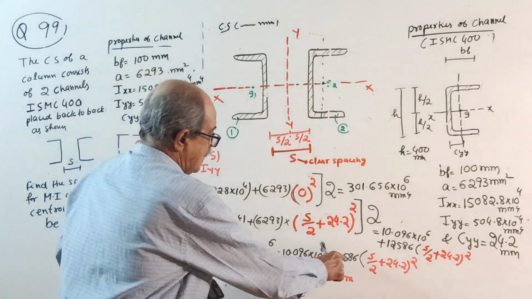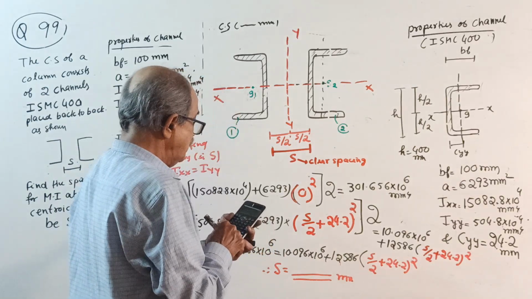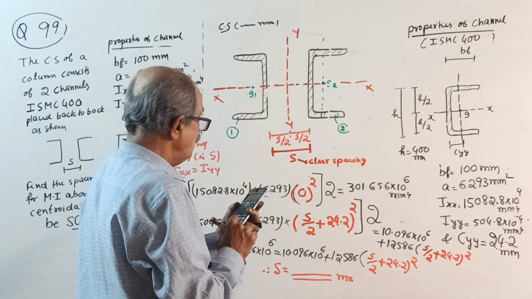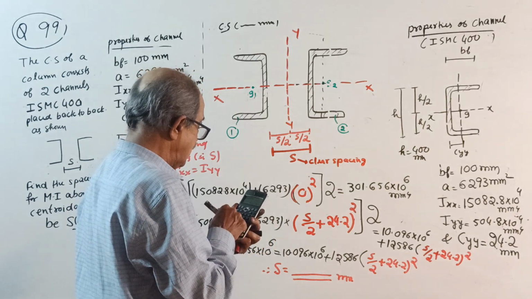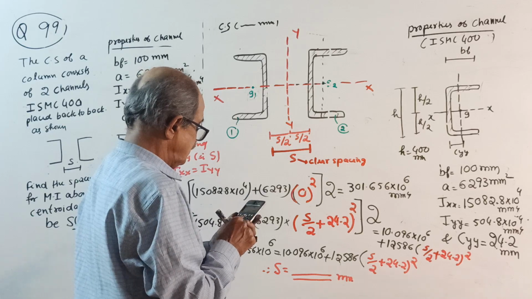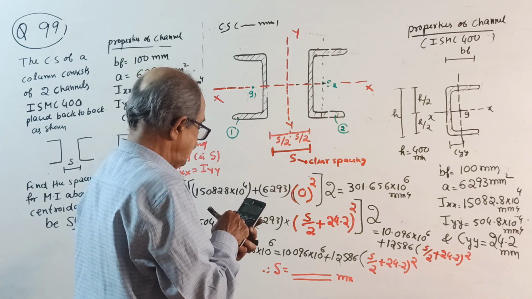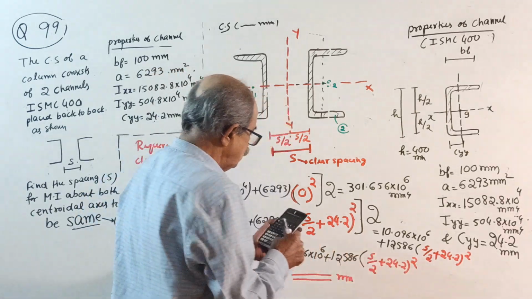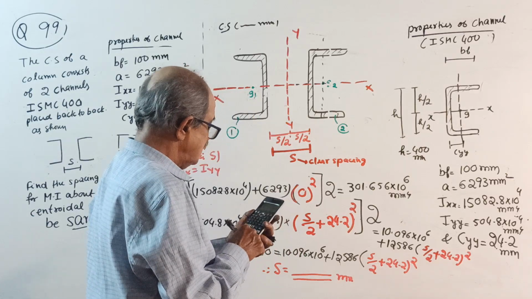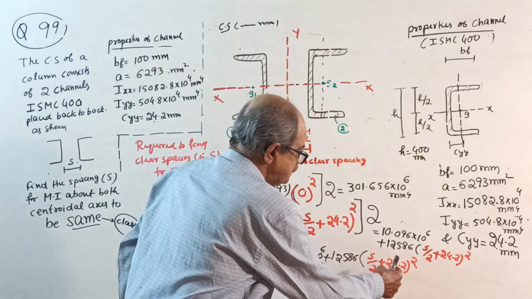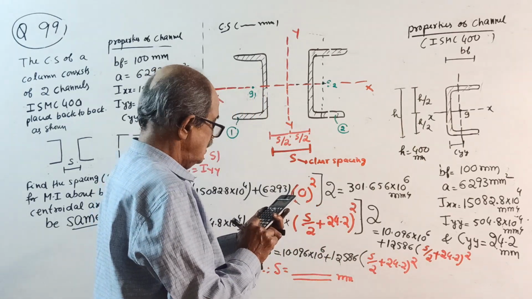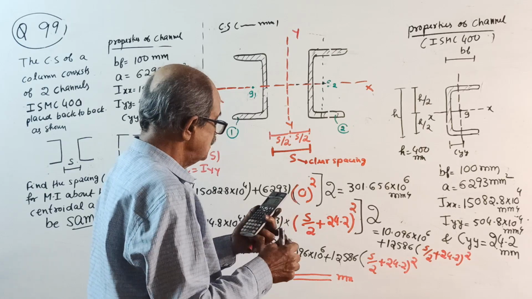I will get this number and divide by 12586. One value will come. I will store it in memory because I require it for the next round: shift store A. Then I take the root first, subtract 24.2, and then multiply by 2.